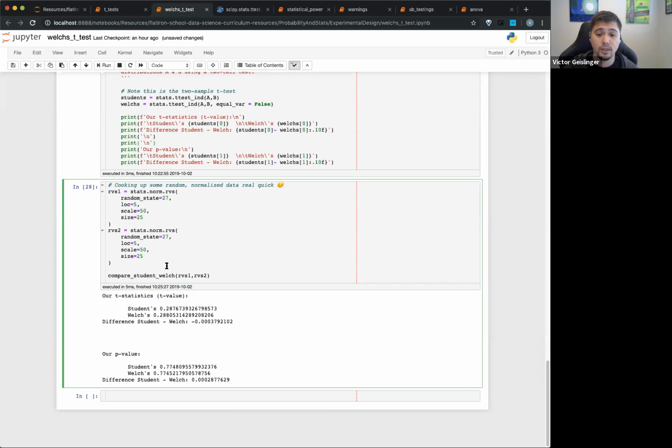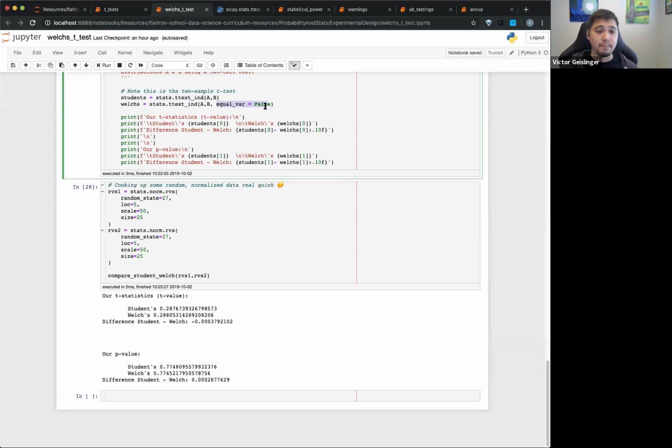No? Cool. So my suggestion is to use Welch's test because it's more robust, and there's not a real reason not to. Back in the day, you would say Welch's t-test is more complicated because you would have to calculate your degrees of freedom, your t-statistic, and consider all these parts. But in modern day computers, the biggest difference between a student's t-test and a Welch's t-test is literally just setting equal variance equals false.